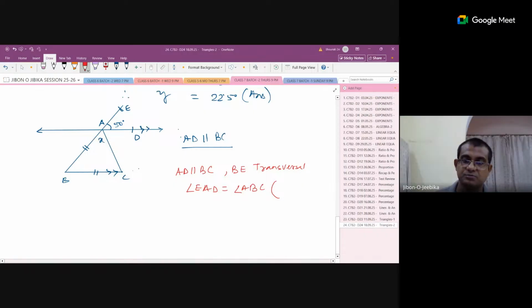So they are corresponding angles, so that means equal to 50 degree. What? Angle ABC. And EAD is given already 50 degree. So angle ABC is equal to 50 degree.